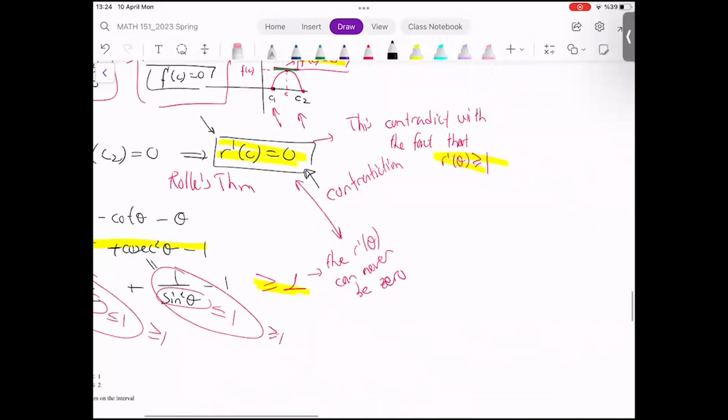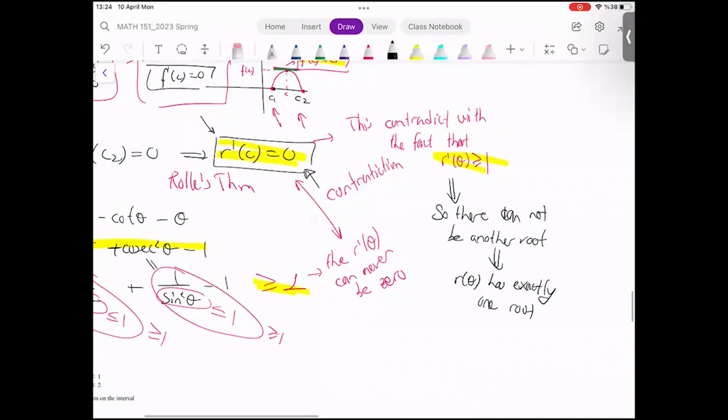So the overall conclusion is, there cannot be another root, which proves that r theta has exactly one root, okay? If there would be another root, you obtain some contradiction. So there cannot be. In short, the logic is like that.